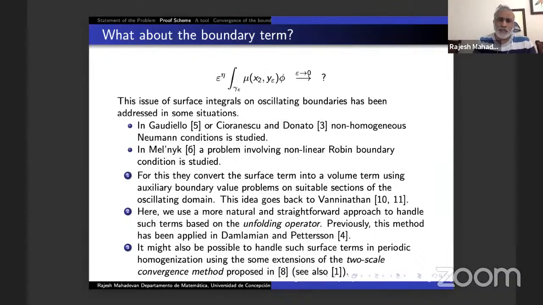So the first thing to do is to rewrite this using the unfolding and write it on a non-oscillating domain.